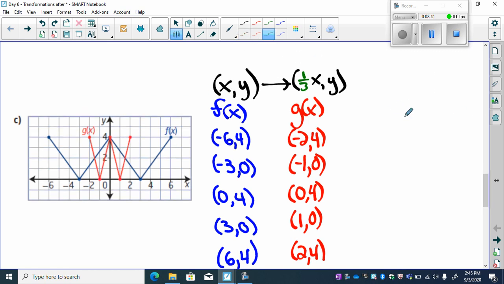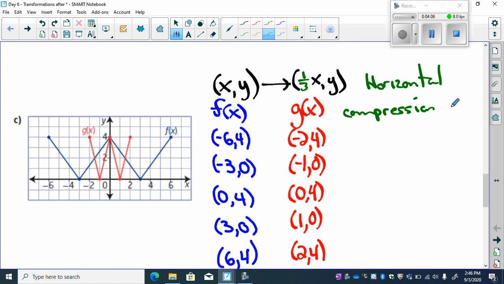So for this, I would say a horizontal compression would be more appropriate here because the horizontal stretch factor is 1/3, or the horizontal compression factor is between 0 and 1. 1/3 is a fraction. Okay, between 0 and 1. So that it's more accurate to call it a compression.